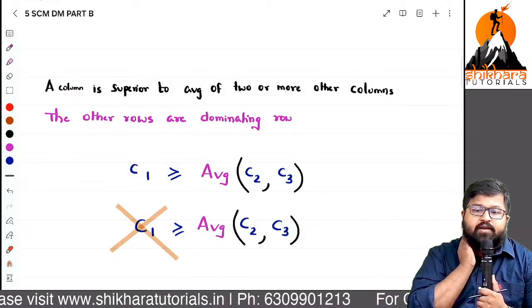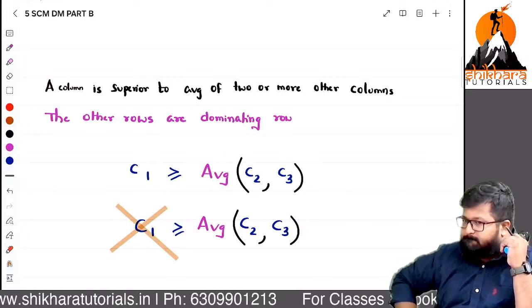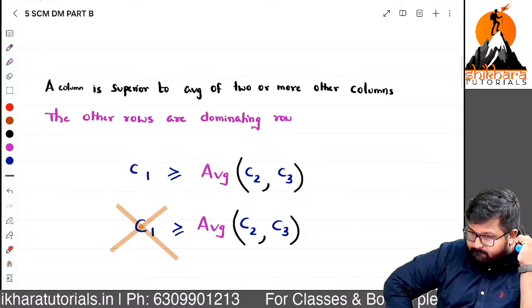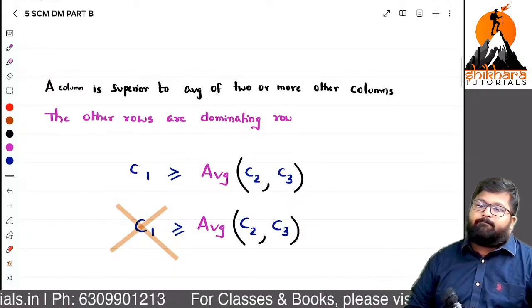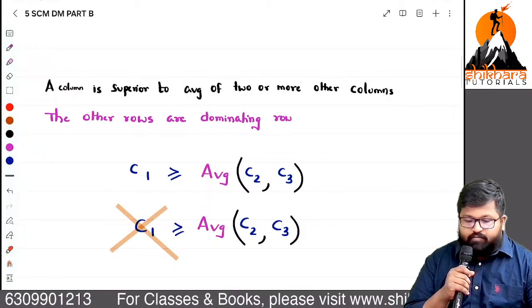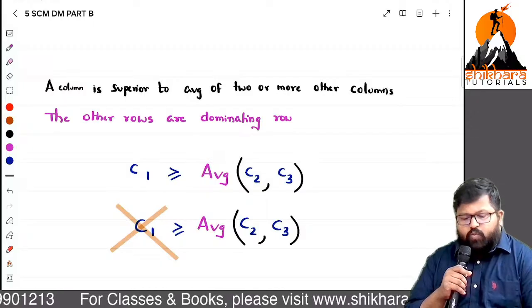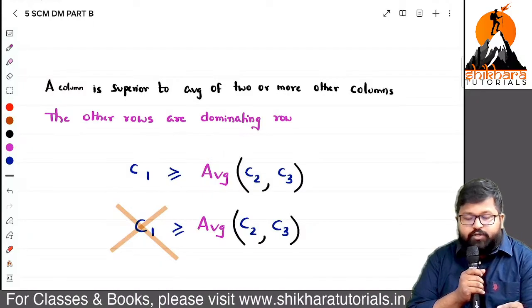Is it done? If a column is superior to average of two or more other columns, okay, sorry.